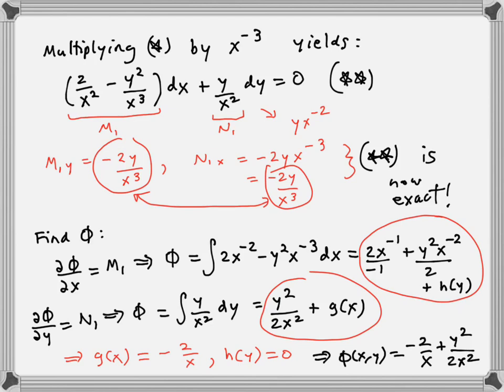So we're ready to solve the differential equation. This means that d of negative 2 over x plus y squared over 2x squared is equal to 0.